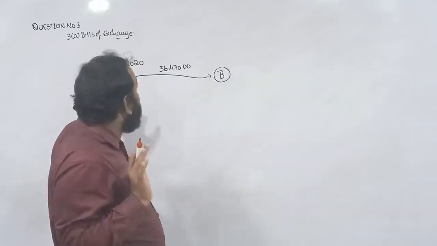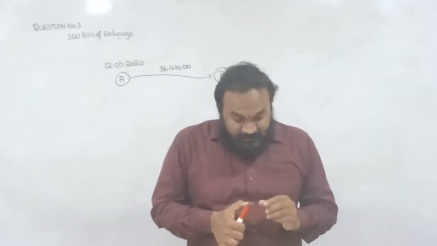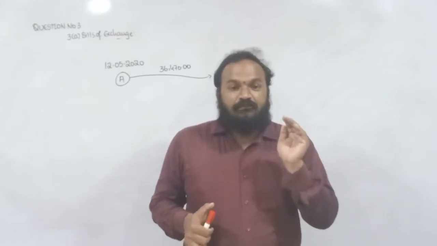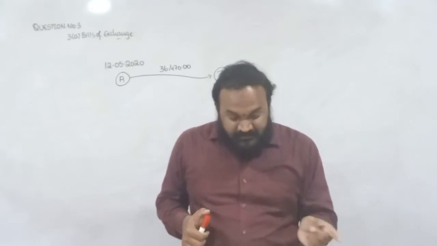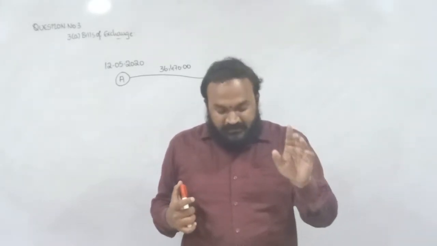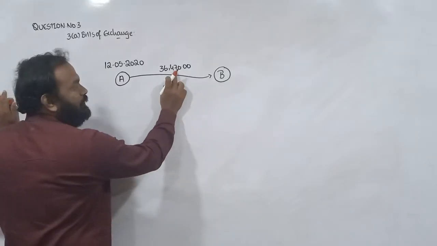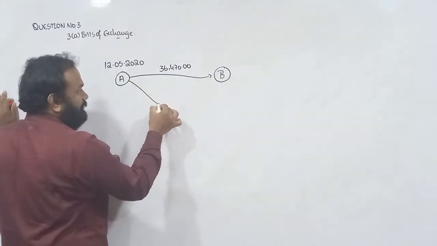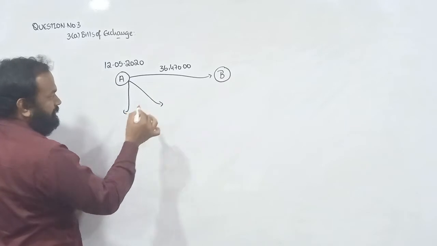I'm extremely sorry, A is the seller and B is the buyer. A drew upon B two bills, one for 16,470 for 1 month and another for 20,000 at 3 months. It means for this amount, 36,470, A draws two bills of exchange on B.